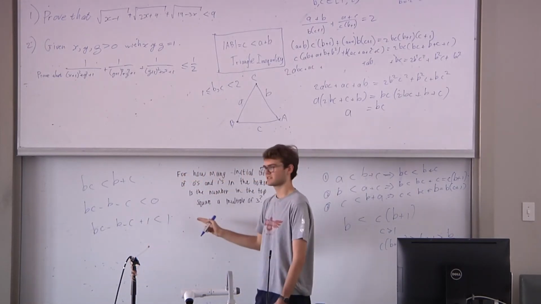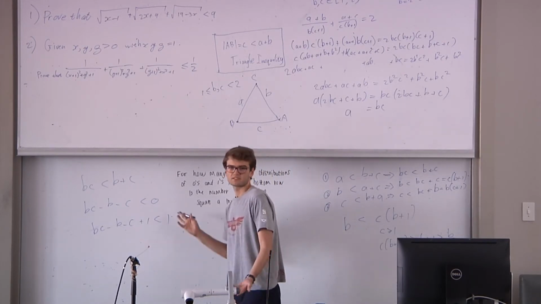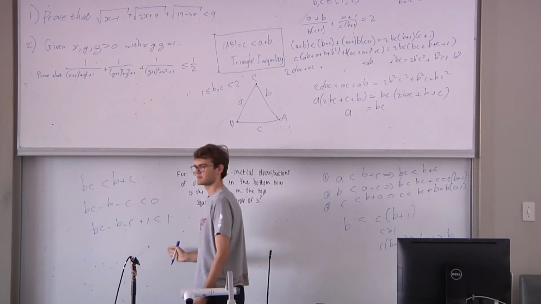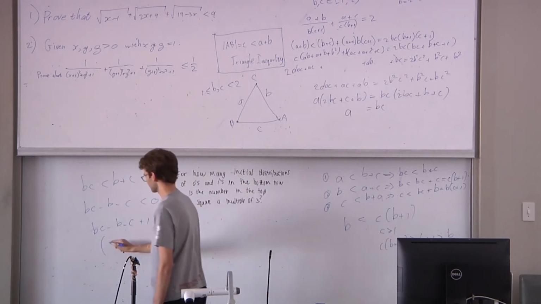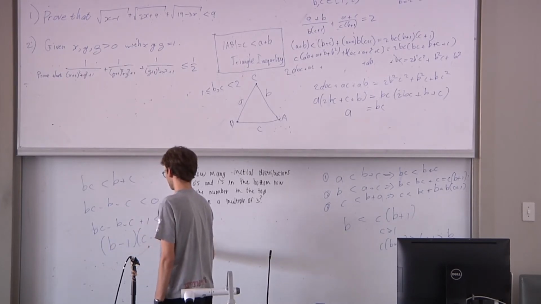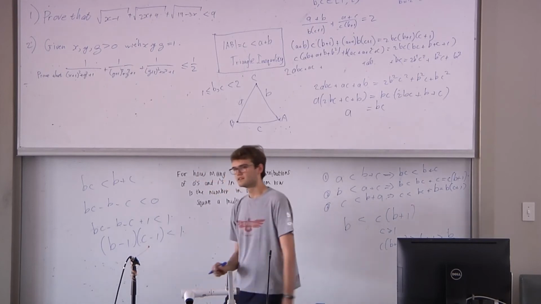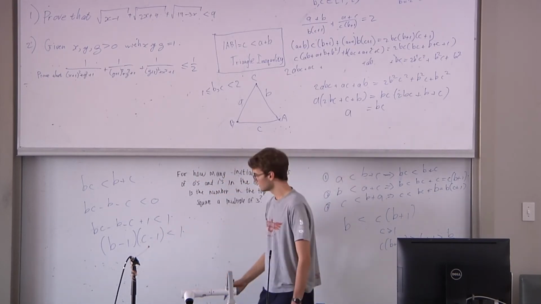Just add 1 to both sides, it's still the same thing. And again, you try to factorize because you have this expression that you can't do anything with except factorize. So after some playing around, you might find this. You can check those two are the same thing.